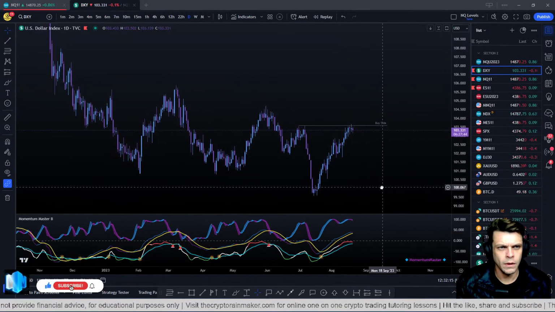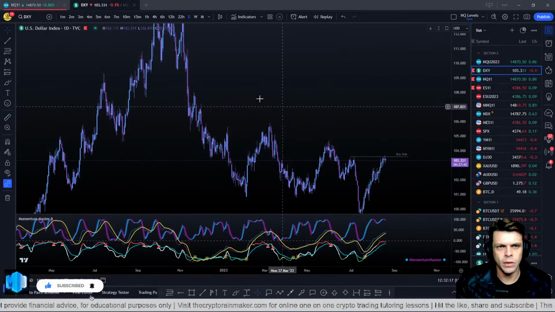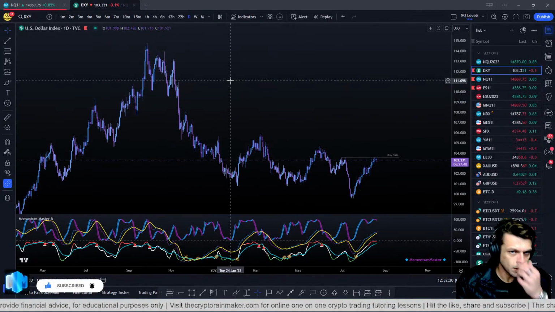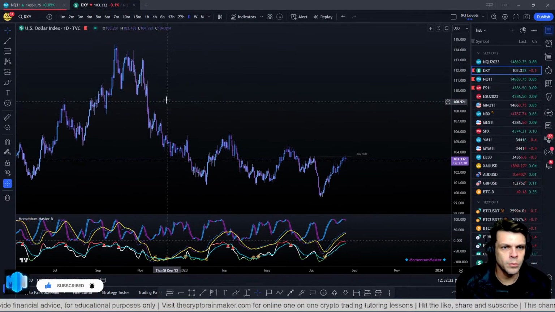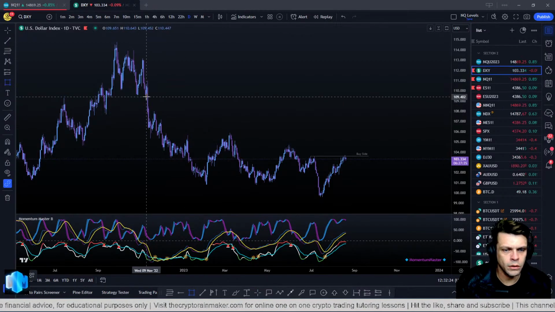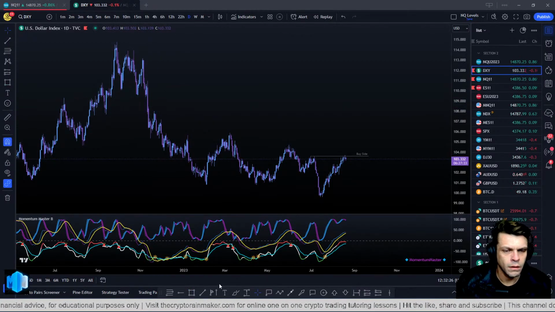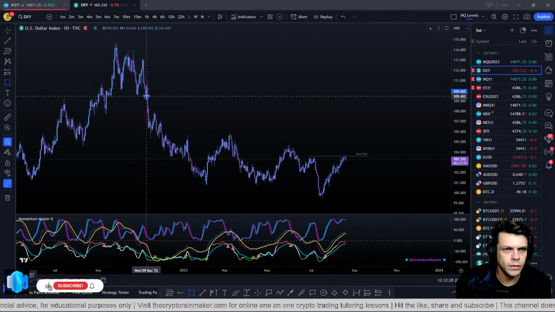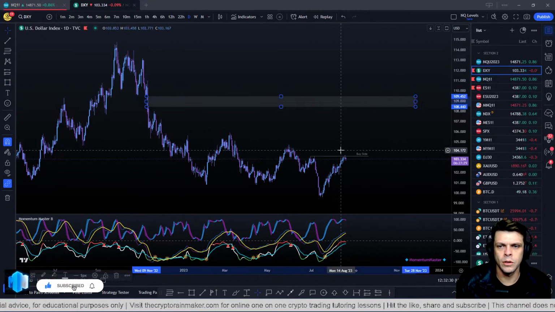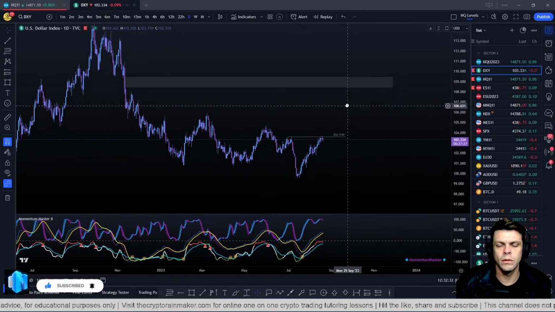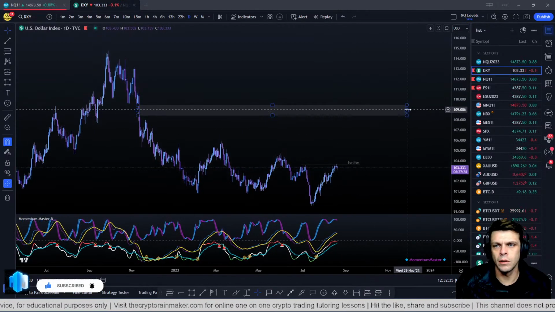Okay, and then let's quickly do our top down analysis. Right here is a bit of an imbalance. We're gonna mark that off as our daily fair value gap. This could act as a magnet for price action, so we should just keep this level in mind.